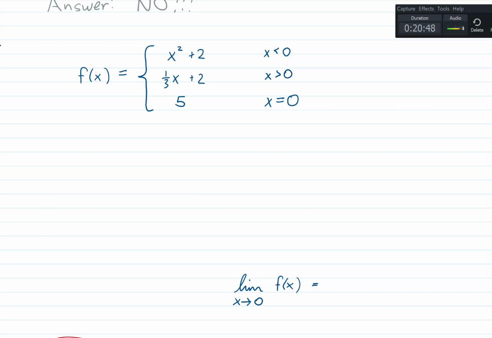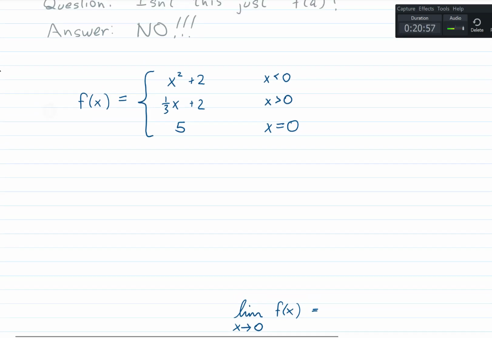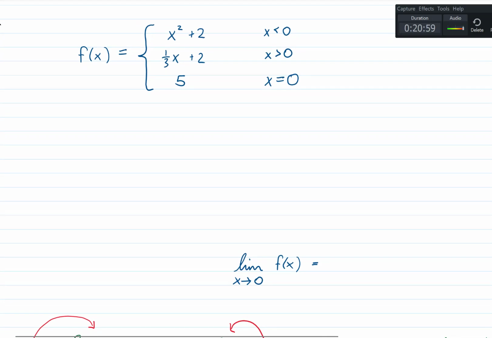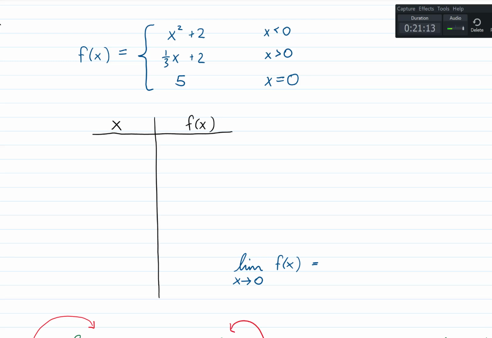You can do a table of values, which might seem kind of juvenile to you. You might say, oh my goodness, we did that in like 7th grade. Haven't we progressed beyond that? But don't worry. We're just starting out here. Okay, so here's what I want to do.